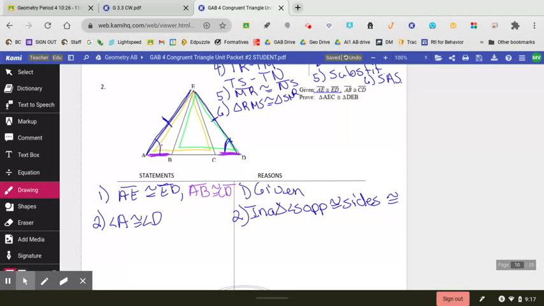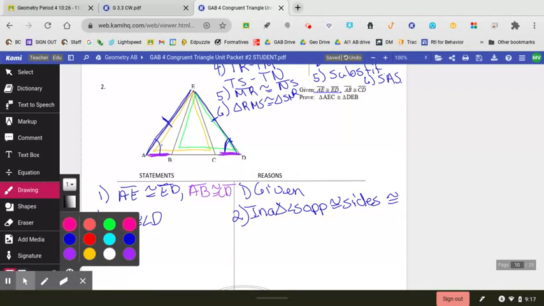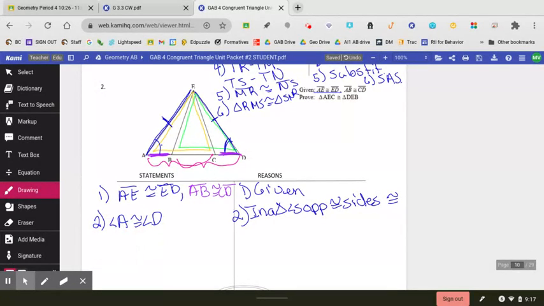If I'm looking for another side, that other side would need to be AC and BD because it has to be side angle side. Well, looking down there at A, B, C, and BD, I notice that there's an overlap here of BC. And I know that I have the two little parts congruent. So if I add those two parts together, I have the longer line.